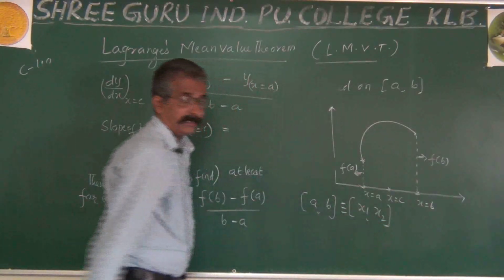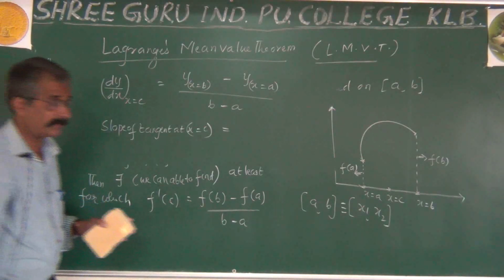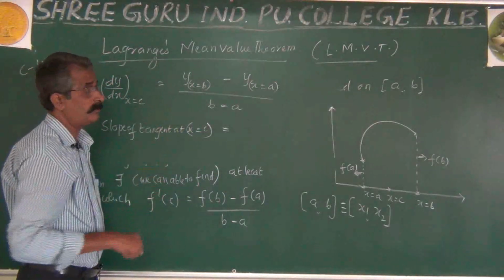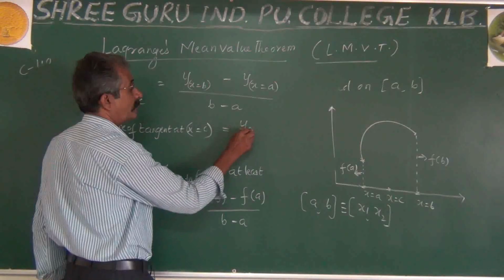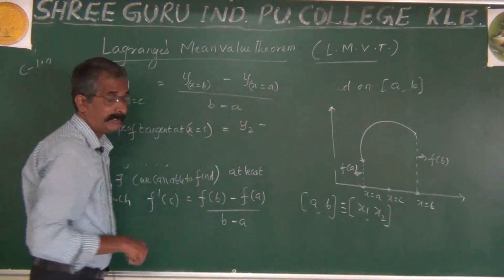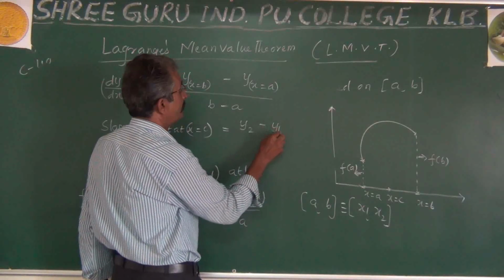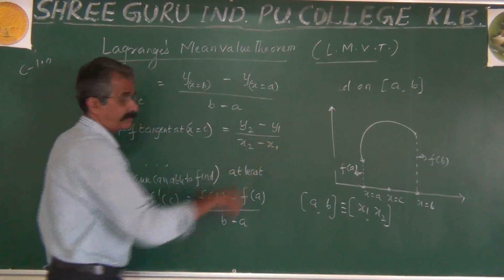That will be easy to understand for the student's mind. With setting interval as x1 to x2, obviously y at x equal to b means y at x2, that becomes y2, minus y at x equal to a becomes y1, divided by b means x2, a means x1.